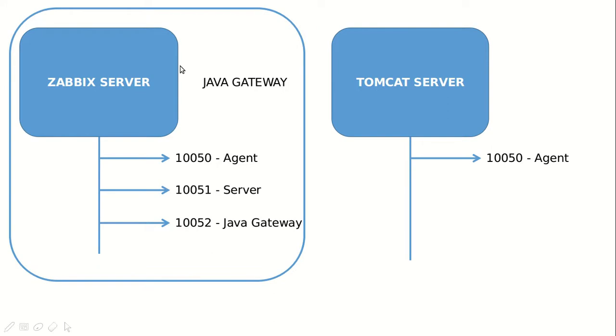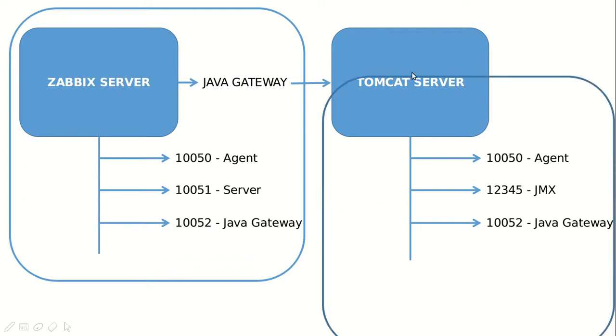So all this will be on one machine, and this Java gateway will allow your Zabbix server to talk to your Tomcat server. Now this Java gateway will connect to your Tomcat server, and it will check for your Tomcat information on port 12345. For this to work you will also need to open up port number 10052 on your Tomcat server.